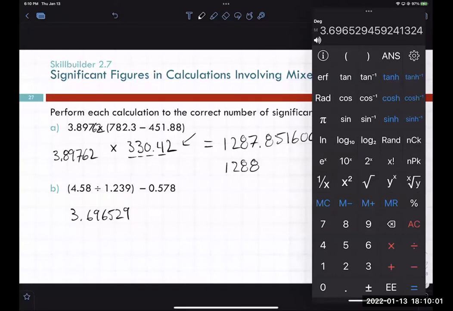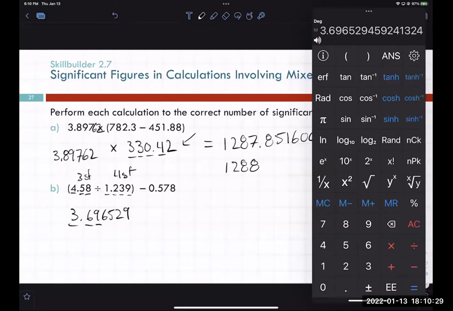I won't write out that much of it, but this is where the answer key on your calculator is very handy. So write this down, but we had 3 sig figs here, 4 sig figs here. So our intermediate answer is only going to retain these 3 sig figs.